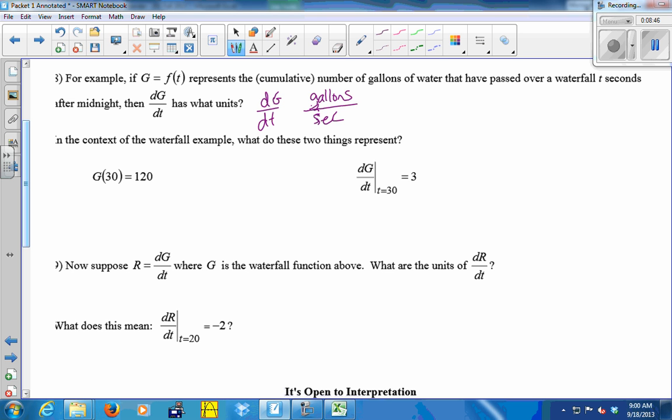And other ways I could write dg dt to express the derivative of that function would be f prime of t, because g equals f of t, or g prime, or d dt of f of t.